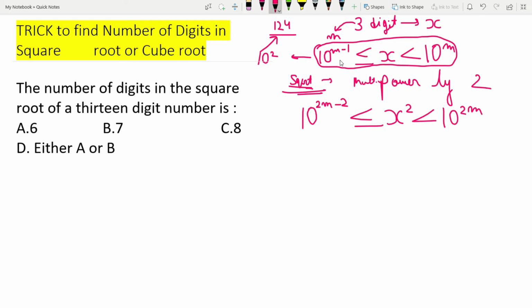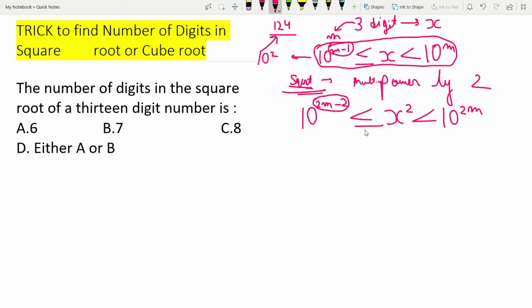In the first equation above, we have seen that x is greater than or equal to 10 to the power m minus 1, and it is smaller than 10 to the power m. Conversely, we can say that if this happens, then the number of digits is m. Similarly, we can say for this also; you have to focus on this, whatever comes here, that is the tricky part.